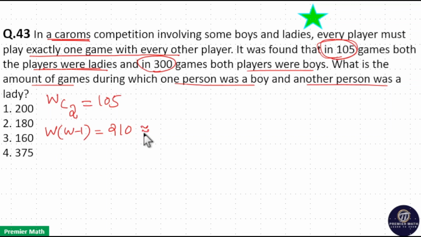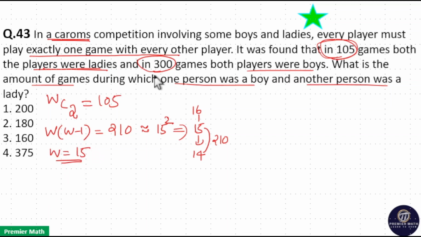To find W, take the square nearest to 210, which is 15 square. 15 square is 225, which is nearest to 210. Now, W is equal to 15. If you have doubt, take 15 and the numbers nearest to 15, which are 16 and 14. Now you can see 15 into 14 is equal to 210. So 15 into 14 is 210 means W is equal to 15.